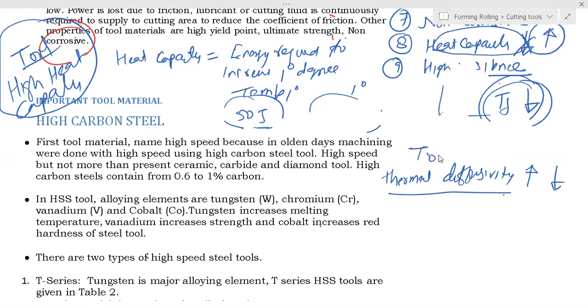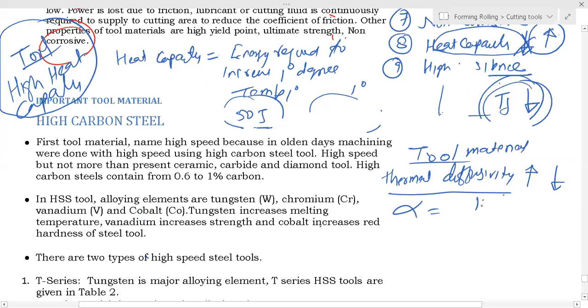Tell me now. This alpha is equal to K by root Cp. This alpha should be low or high?